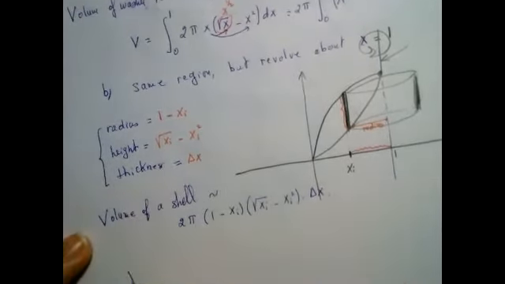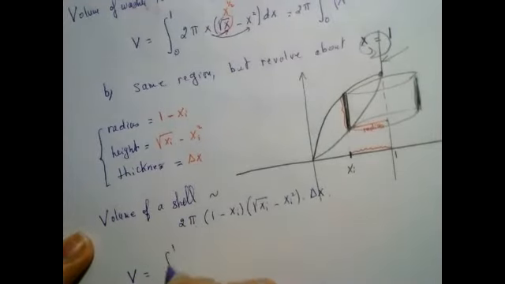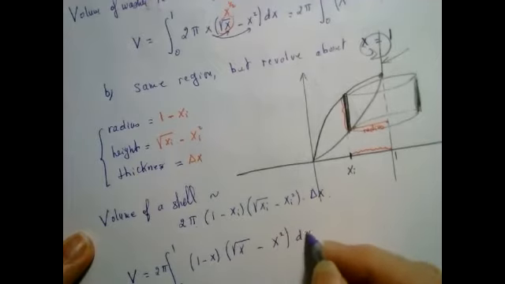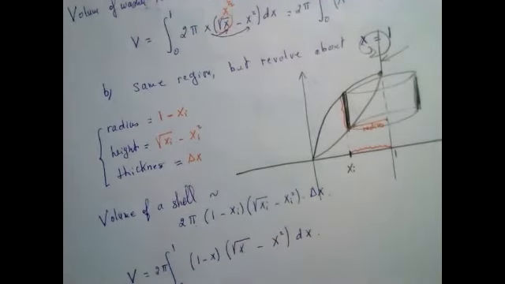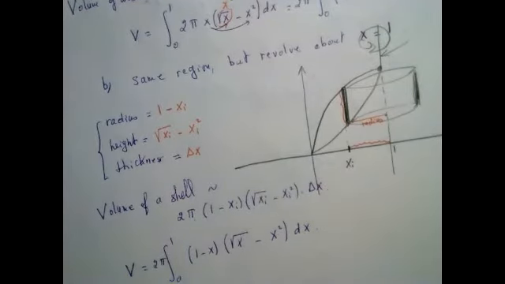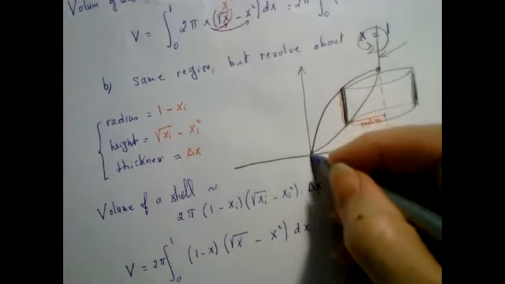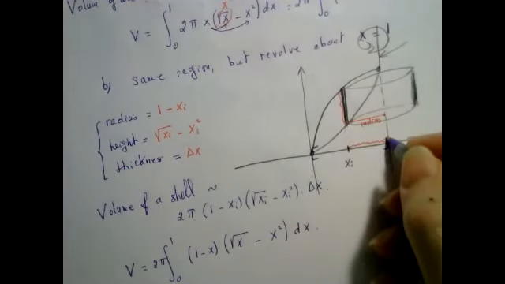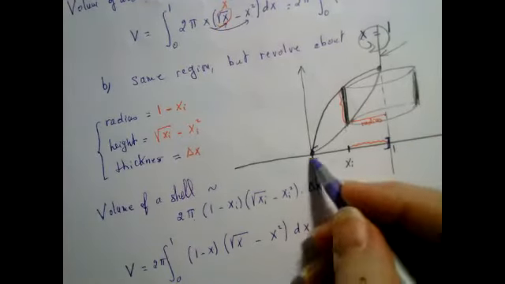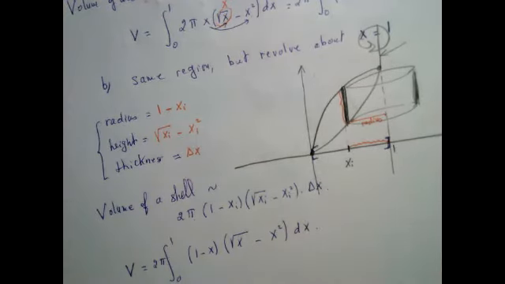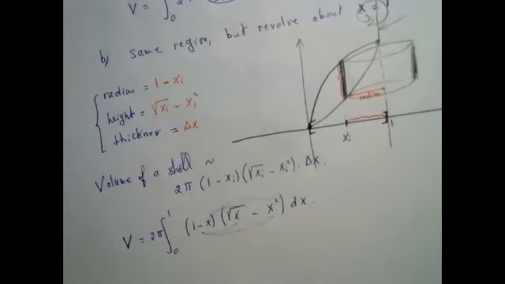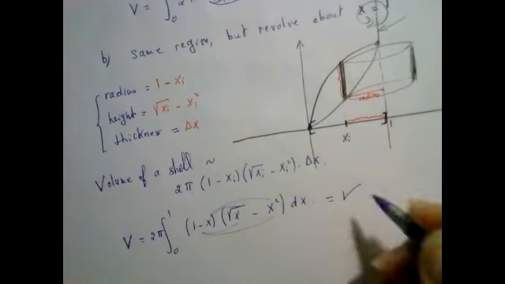So the total volume will be the integral from 0 to 1 of 2 pi times 1 minus x times the square root of x minus x squared dx. To cover the region, I have to divide the interval from 0 to 1. Now, you cannot shift because that's where the region starts. And the only way to integrate this is you have to distribute. There is no way out. You distribute, then you will have a very easy expression and we evaluate the integral.